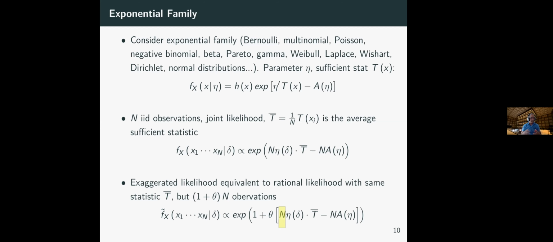So literally, if I had 10 observations and theta is 0.3, I'm treating it as if I learned from 13 observations with the same sufficient statistic. So again, this shows you this is the law of small numbers. The thing I'm going to learn from is T bar, the average sufficient statistic. How many observations did I collect to obtain this sufficient statistic? It's actually n, but I treat it as if it's n times 1 plus theta, which is bigger than n.